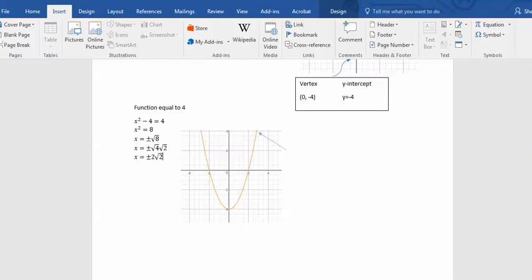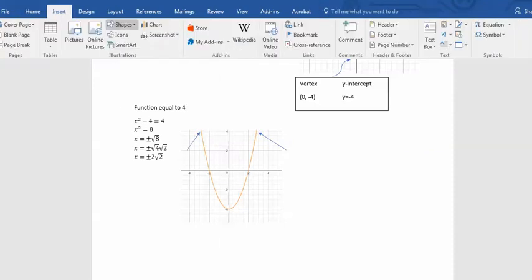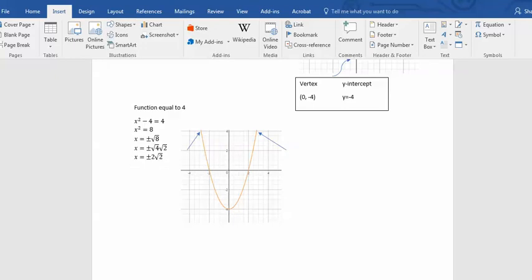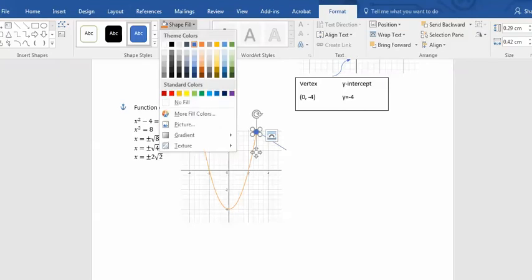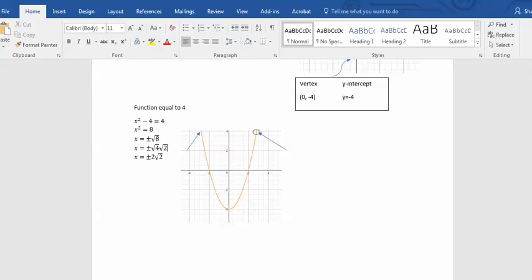I could just point to those values when my equation's equal to 4. So I've got 2 values. Or maybe I want to circle it. A circle over it, just change it to no fill. So you can show it in different ways, or if you can figure out how to highlight it, however you want to do it, just show on your graph where it's equal to 4.